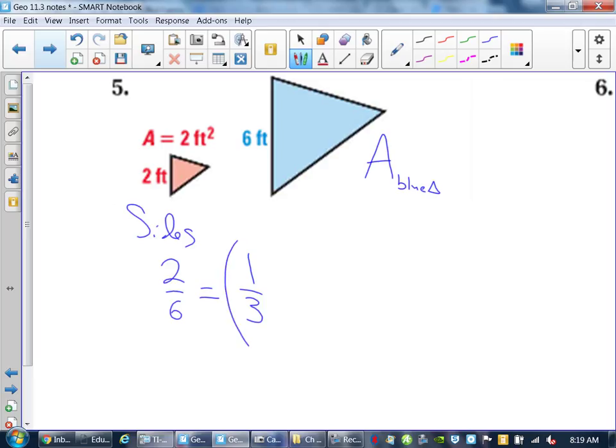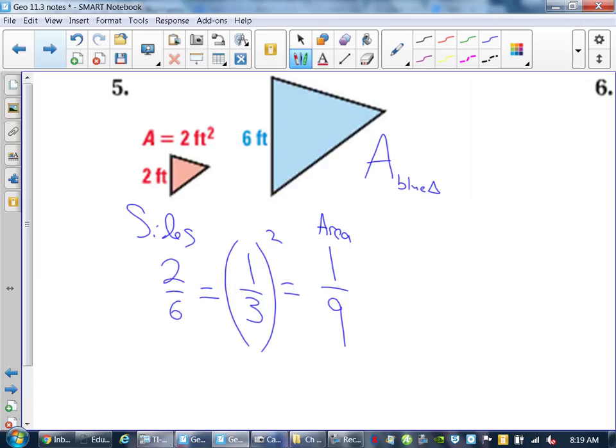I square this. When I square 1/3, remember that means it's 1 squared and 3 squared. Or in the calculator, you do 1/3 and you hit the square button and it should spit out 1/9.